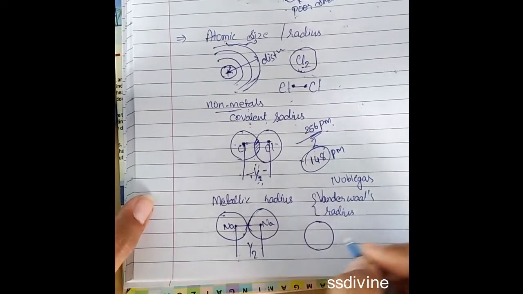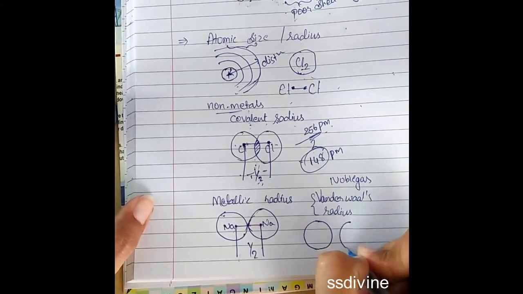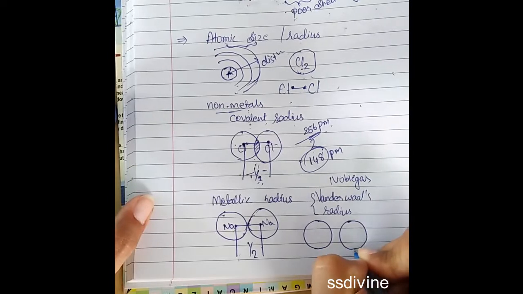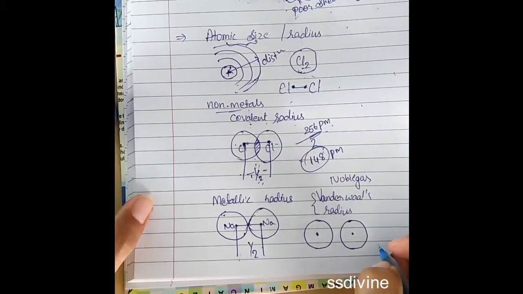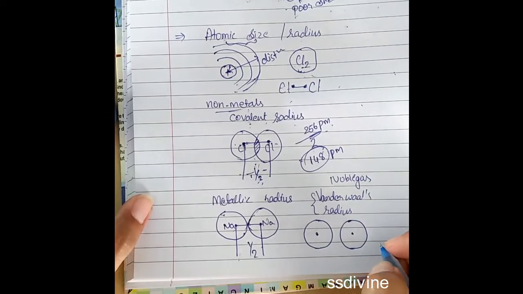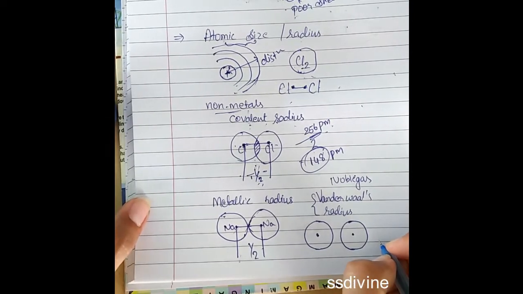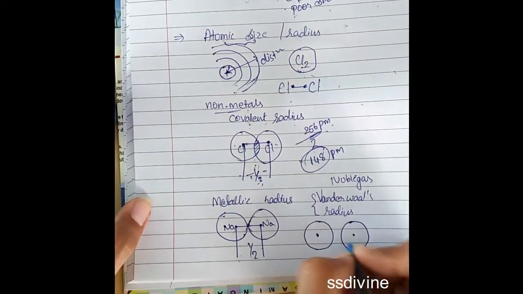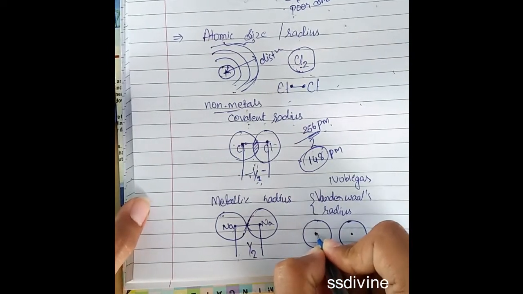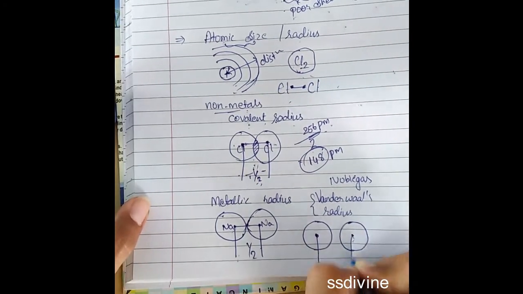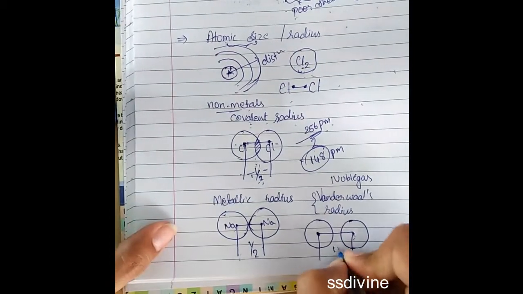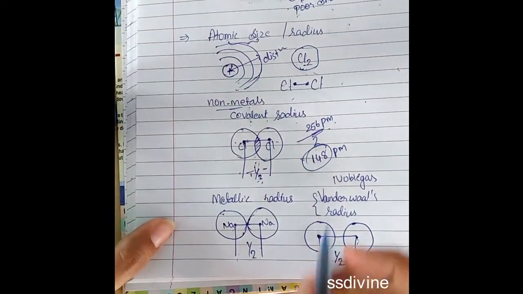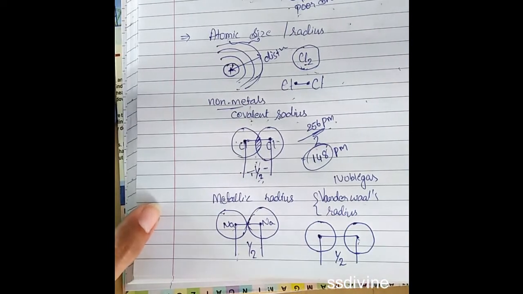There is a large difference, and you will find some kind of space. And when we talk about helium, two atoms of helium are having force of attraction, that is van der Waals force of attraction, and they are formed like this. So again, the distance between these two atoms of helium or any noble gas, and taking half of this distance will give the van der Waals radius.